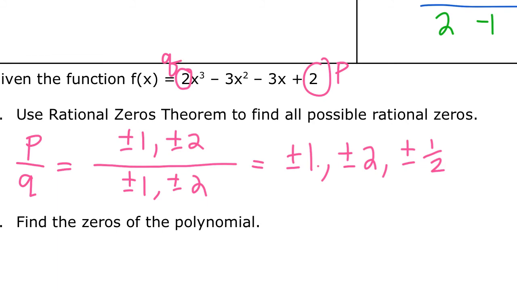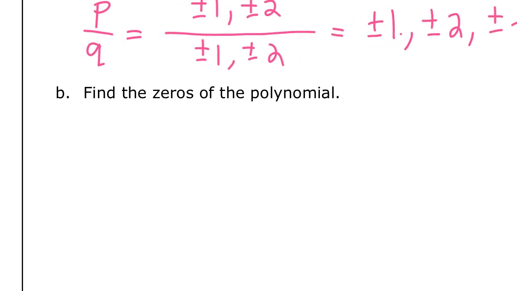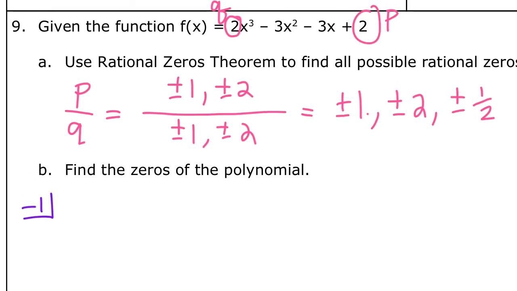So now it's telling me let's find the zeros. So let's just start at the beginning. Let's start with positive 1. Or actually, you know what? I'm going to start with negative 1. So let's put negative 1 here. And then now I need my coefficients for my polynomial. So 2, negative 3, negative 3, 2.